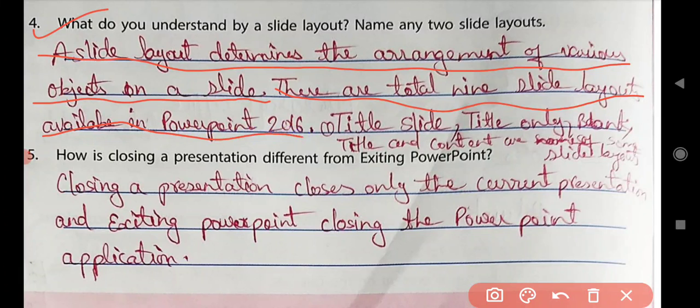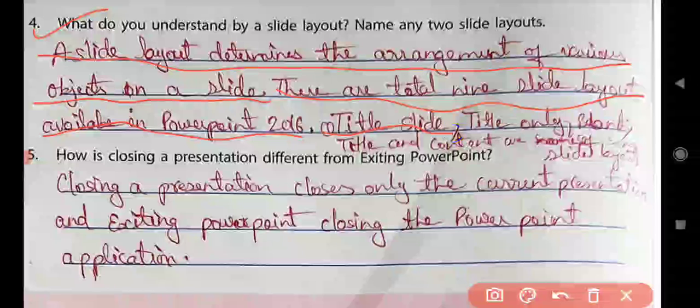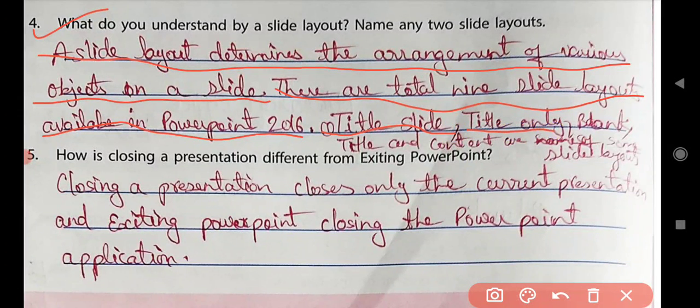Now next, name any two slide layouts. The first ones are title slide and title only. I give you more than 2: blank, and title and content are also names of slide layouts. These are the slide layouts.